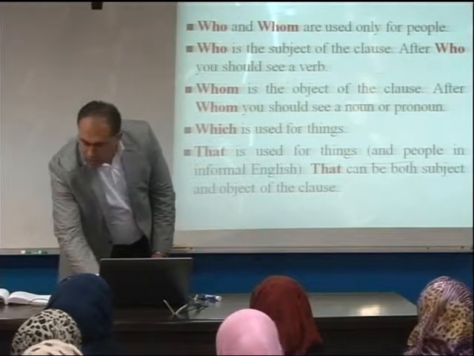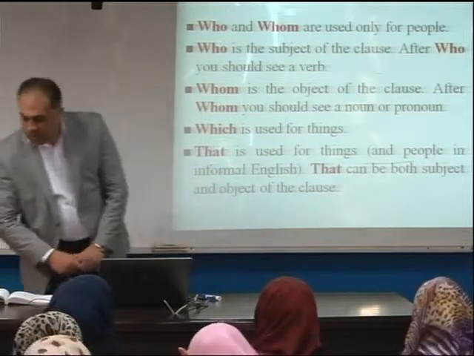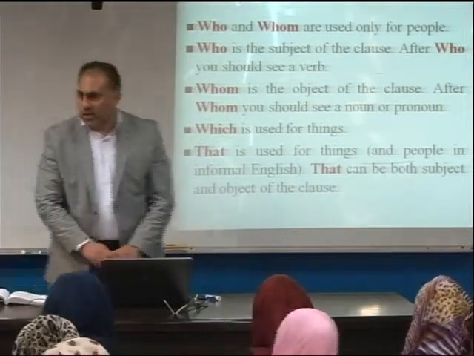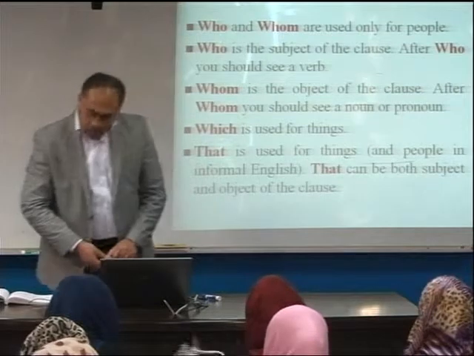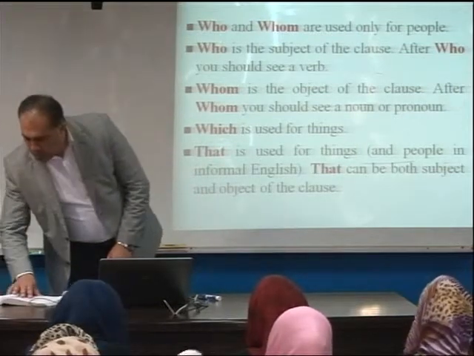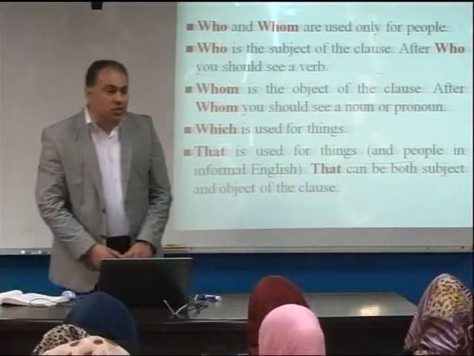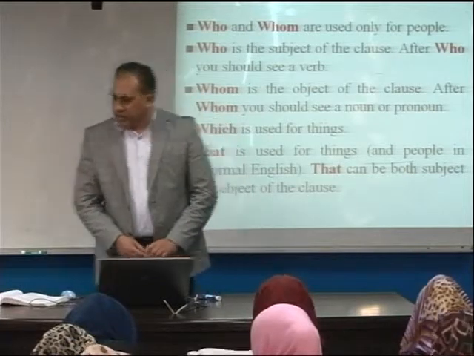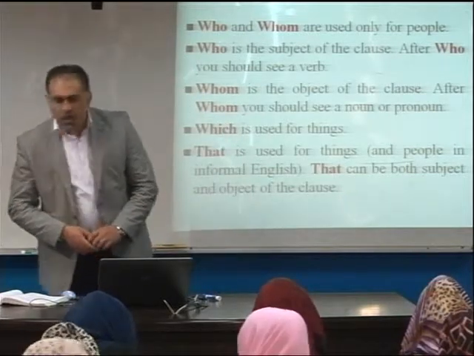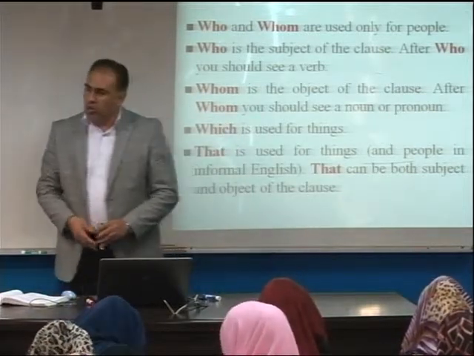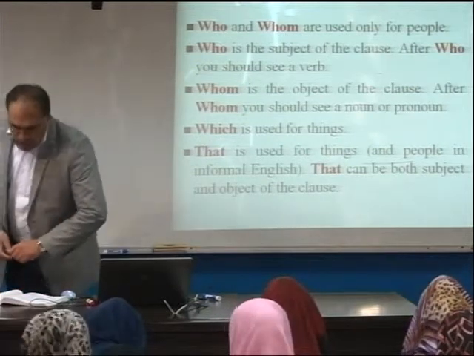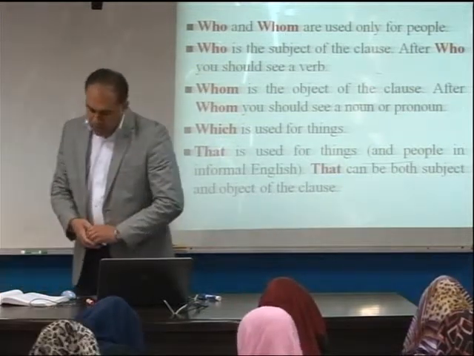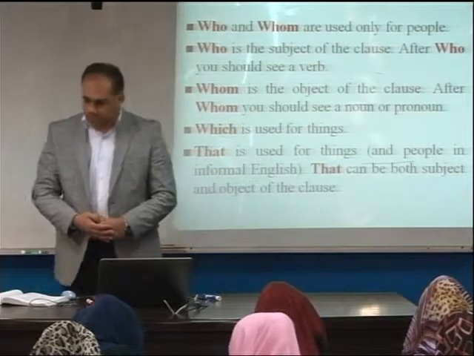What I'd like you to do is look at exercise B on the next page, page 159, and use either who or which in the appropriate blank in this exercise.